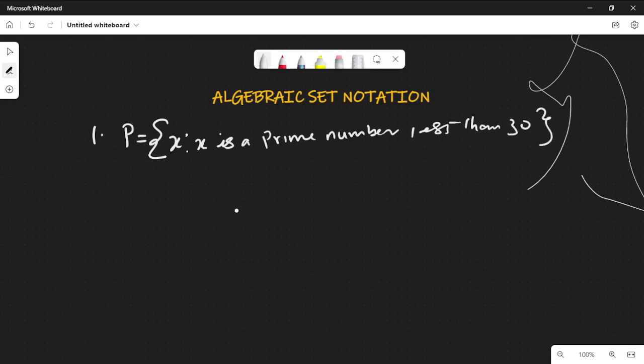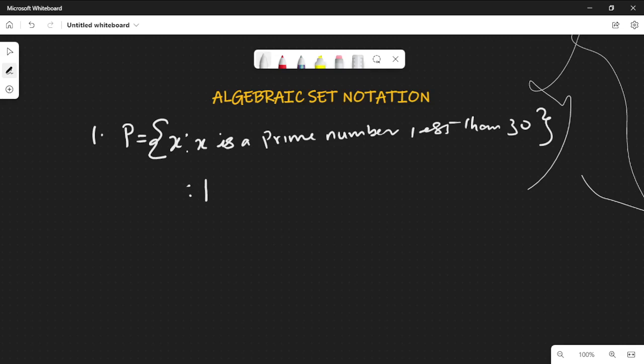Now, what does this statement simply mean? I'm going to interpret it. P is a set of X. Now, what do these two dots mean? In some textbooks you see two dots, or you see just a straight line like this.